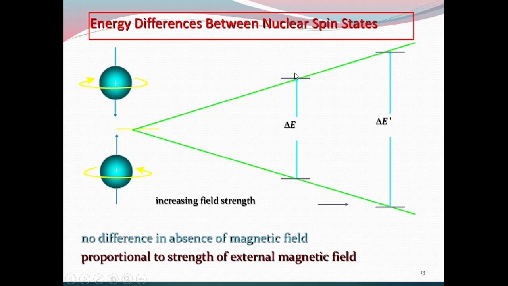This is the alpha state and this is the beta state. For the alpha state, the nuclear magnetic moment resulting from the precessing motion of the proton will align with the applied field, and for the beta state, the resultant nuclear magnetic moment will be opposed to the applied field. The energy difference between these two states is called delta E.